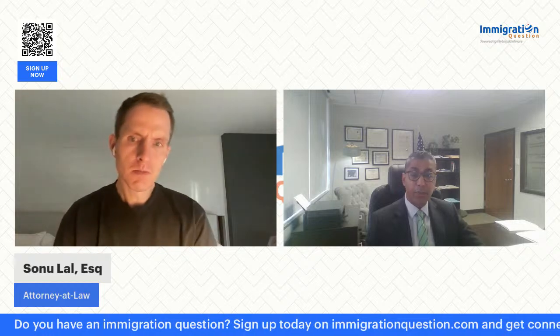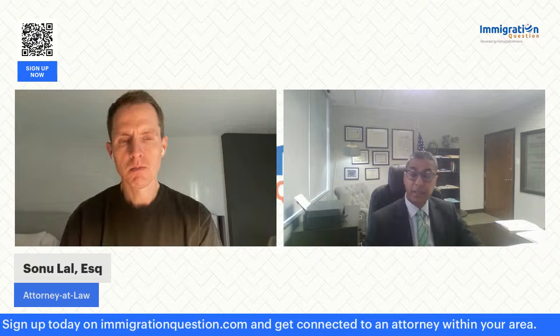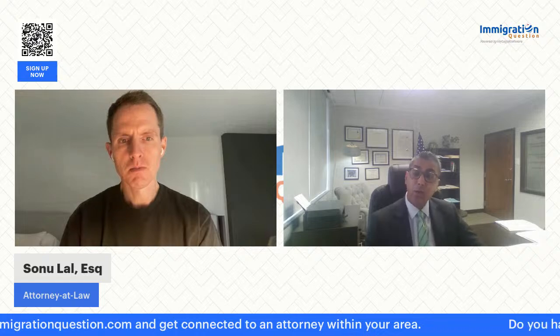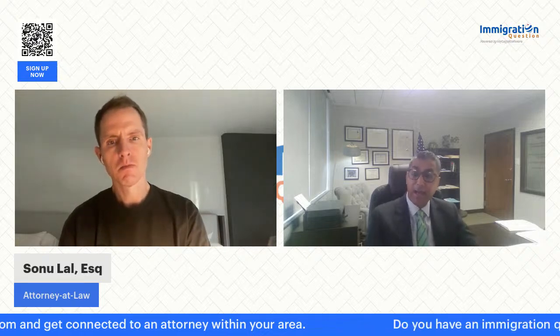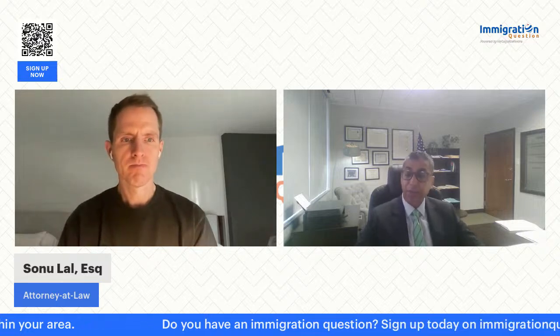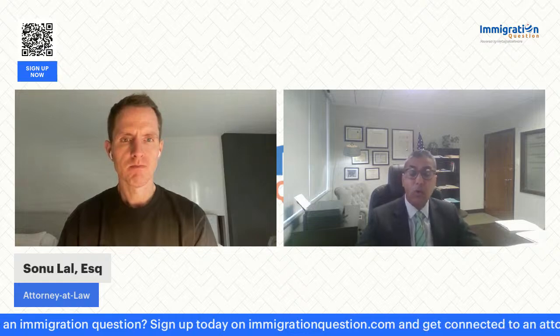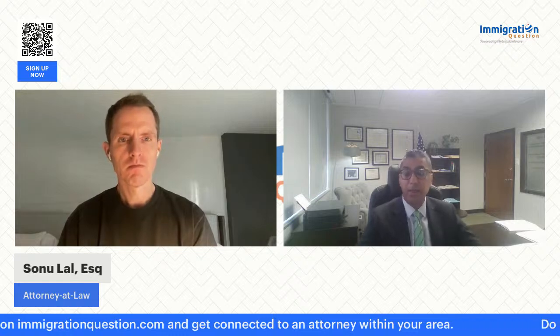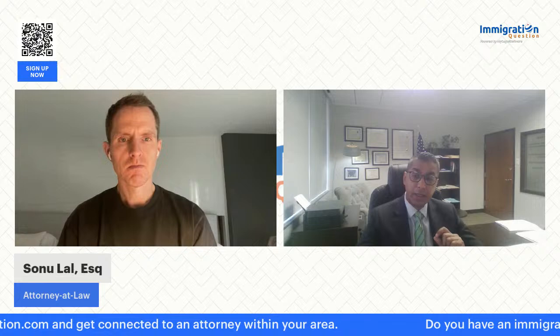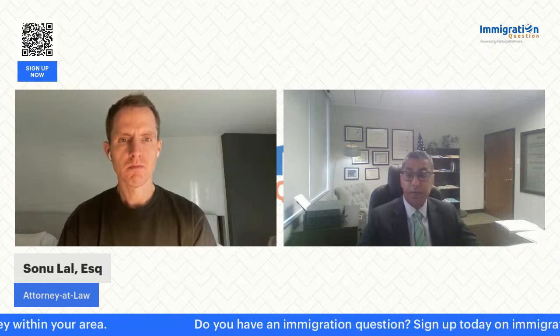If you can document that, for example with a letter from that employer or the particular client you will be working for, you can include that documentation in your waiver packet and try to convince that officer that yes, I made a mistake. I'm sorry about it. Please recommend this waiver so that I can go and work for that particular client or employer. This is how you can overcome that previous visa denial and the finding of inadmissibility on you.